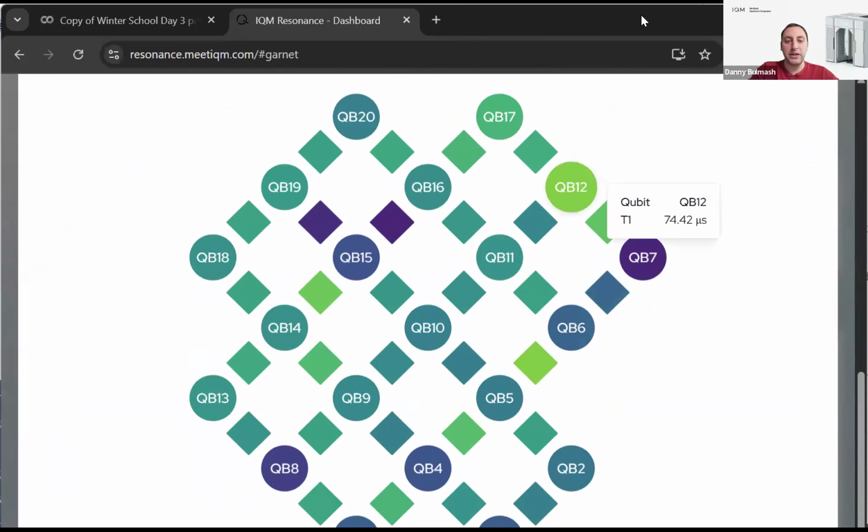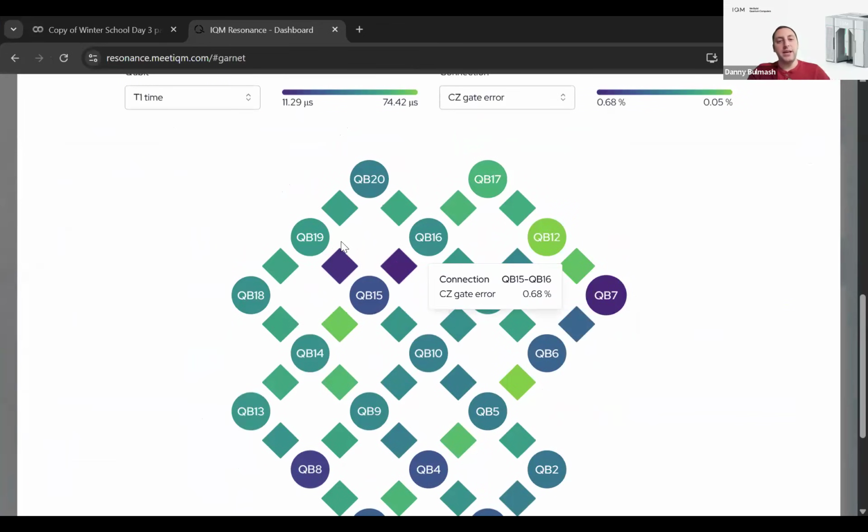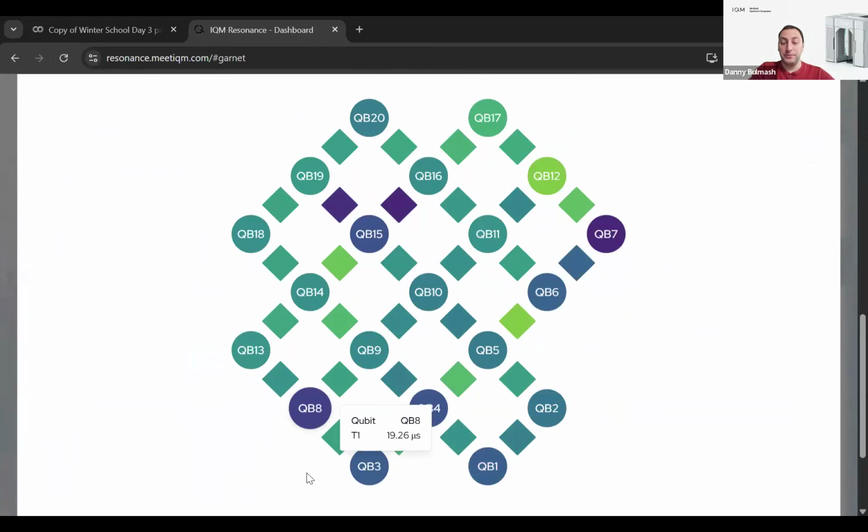What is happening here is these different colors are telling us about how noisy the qubits and the couplers are. So green is better. Qubit 12, for example, doesn't have much noise, whereas qubit 8 over here has a lot more noise.